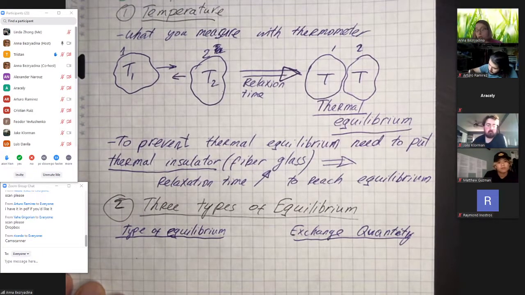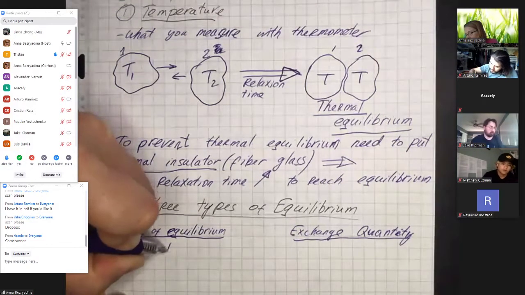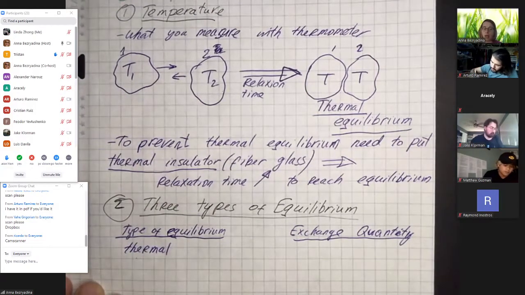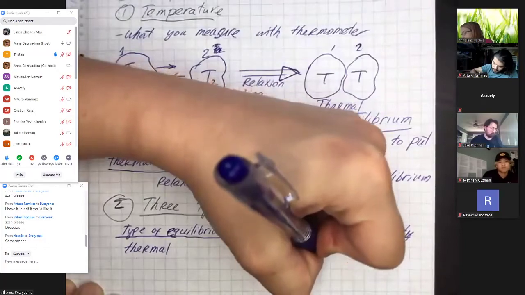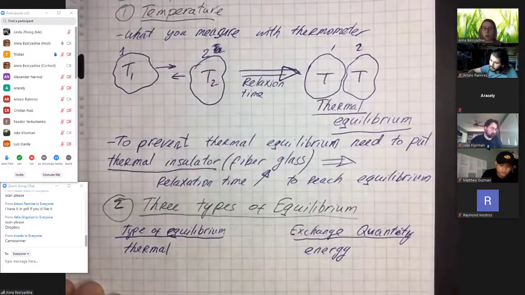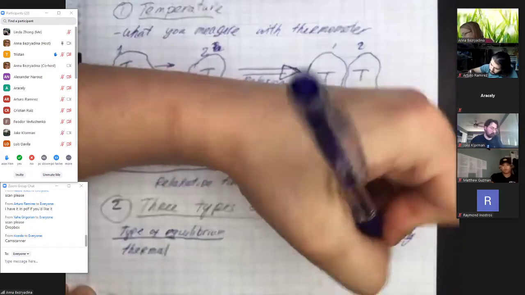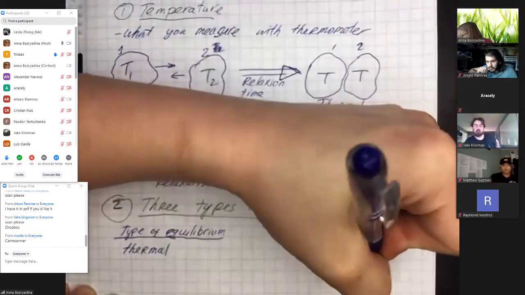The first one is thermal equilibrium, and the exchange quantity is energy. We exchange energy. So we can have two objects at different temperatures, and if they touch each other, they will exchange energy.